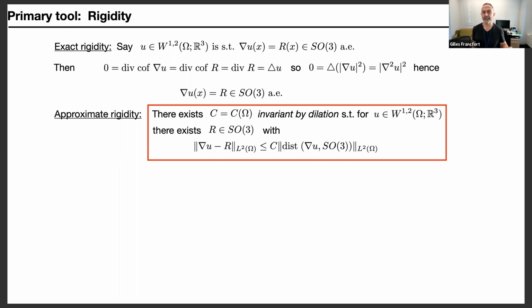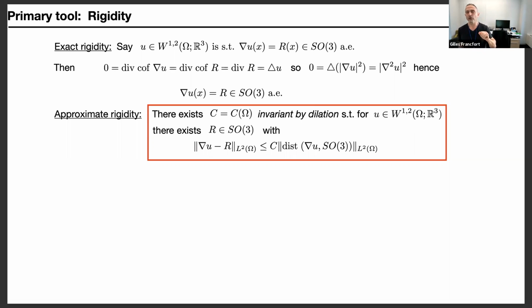It is an algebraic identity that for any distribution u with values in R3, the divergence of the cofactor matrix of gradient u is 0, okay? But here gradient u is a rotation, so it's a divergence of the cofactor of a rotation.